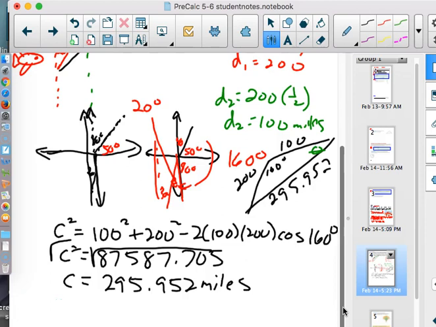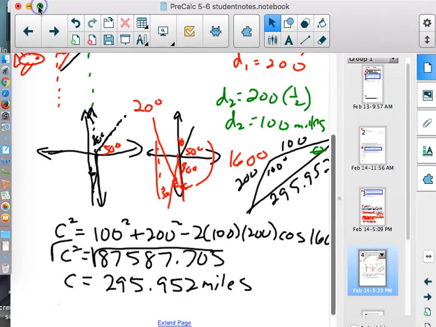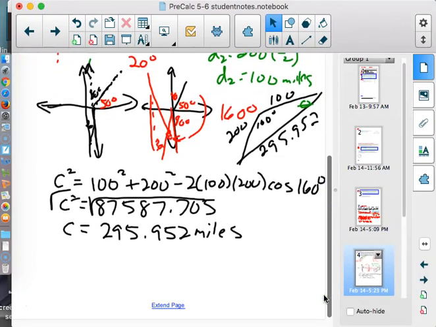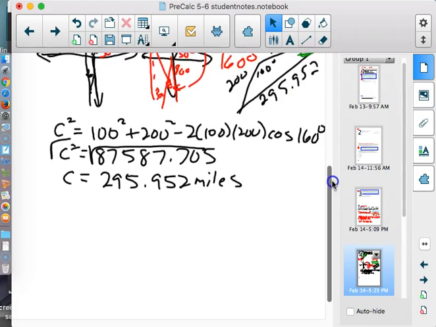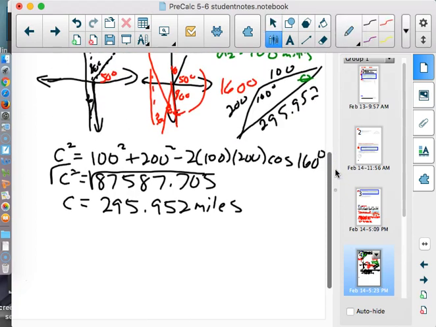So when we look at the information here now, we do have a triangle that has enough information that if we wanted to, we could use the law of sines. So let's go ahead and use the law of sines to figure out what theta would be. So we have the sine of 160 over our nice 295.952.